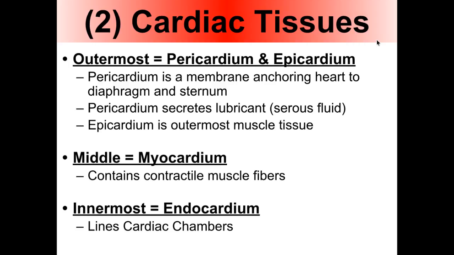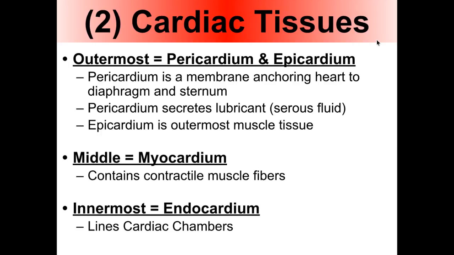So in the middle of our heart is where our actual heart muscle is. It's the contractile part that makes our heart contract and relax. It's what our ventricles and our atria are made of. And then the innermost layer is the endocardium; endo means inside the heart. That's what lines the chambers of the heart. And we have 4 chambers.